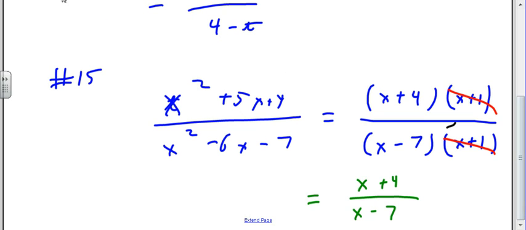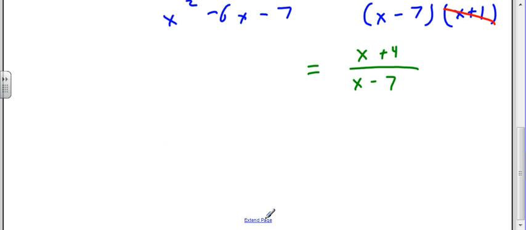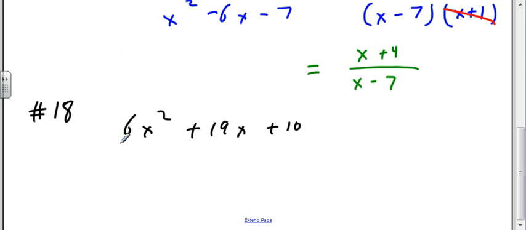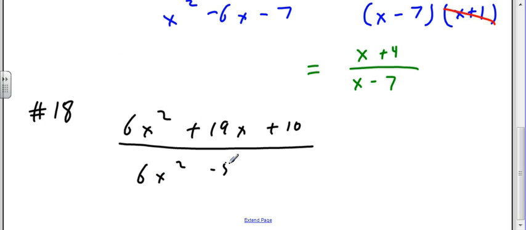Okay, so that was 15. 18 next. 6x squared plus 19x plus 10 divided by 6x squared minus 5x minus 6.